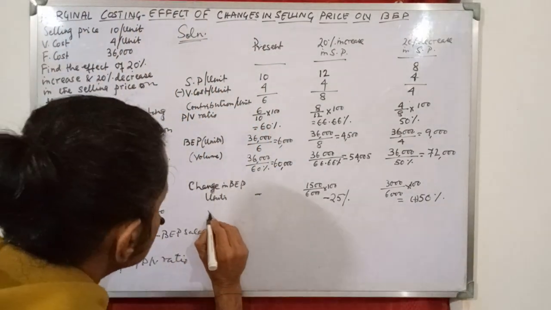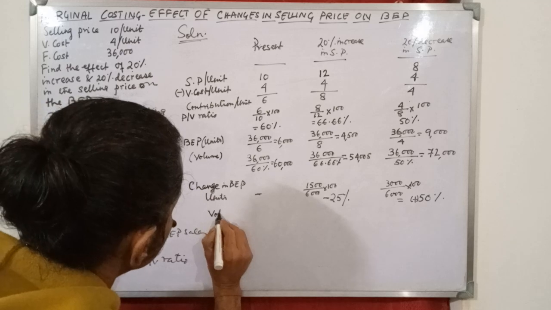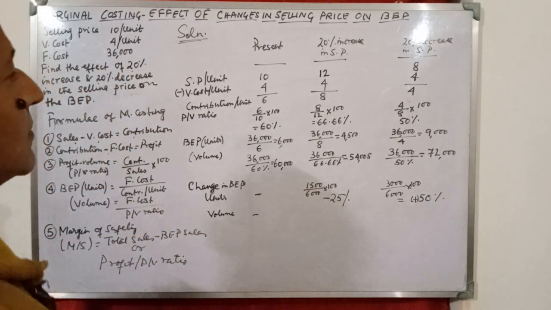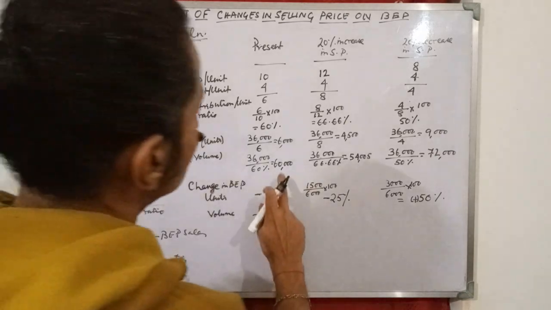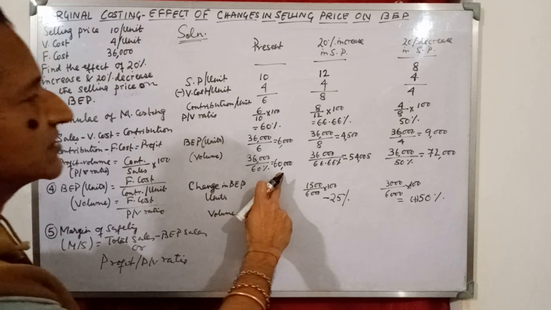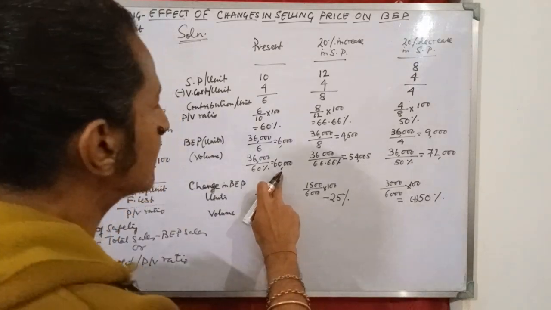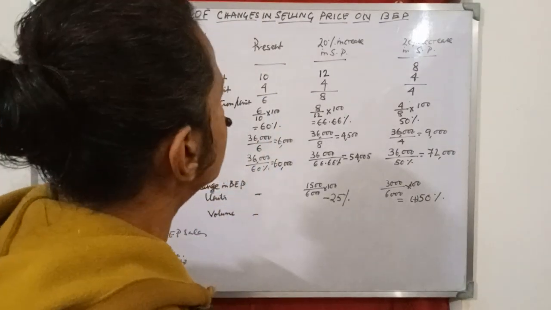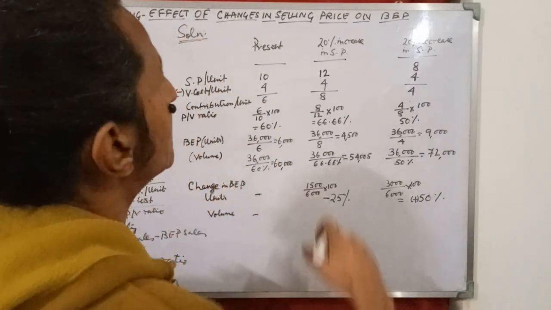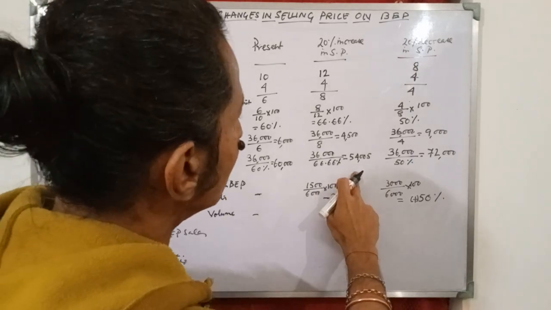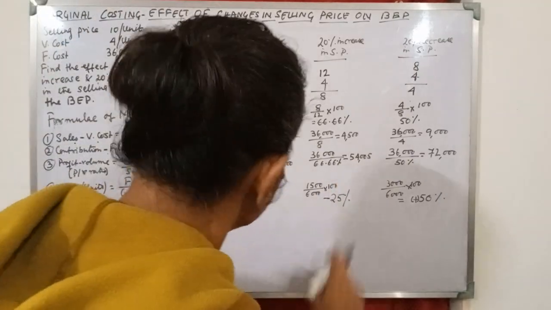Now, changes in volume. It was 60,000 when the selling price was 10. BP in terms of volume was 60,000, and when the selling price is increasing by 20% and becoming 12, then BP in terms of volume is 54,005.